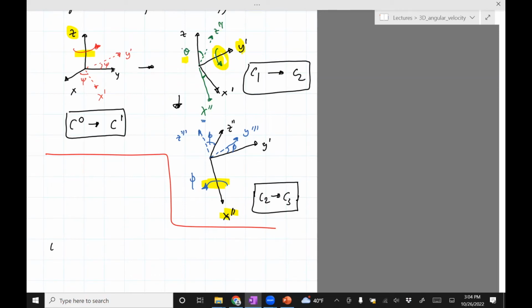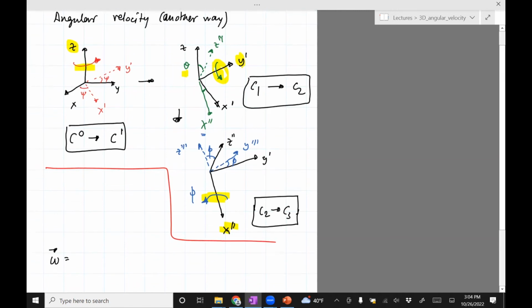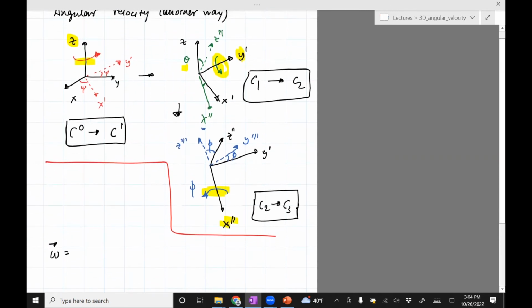So angular speed is, remember, it's about different axes. The first one is about the z-axis. So psi dot z.